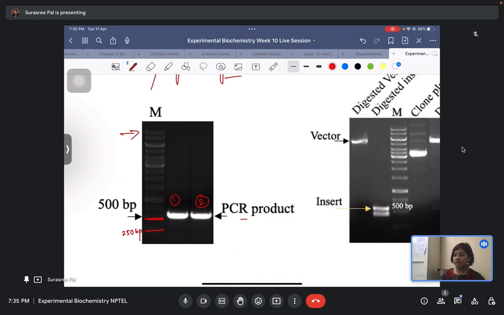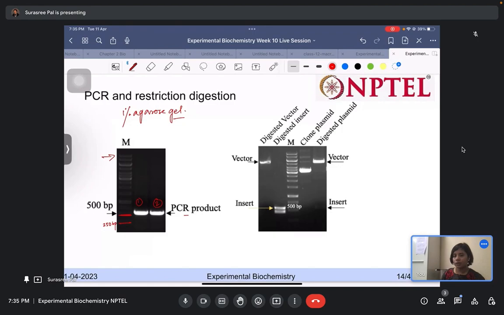So that is the PCR product, and then we can digest our PCR product, right? So we can digest the PCR product, and then we can ligate it with the plasmid, and then we can transform it in the bacteria, and then we isolate the plasmid and we confirm whether the plasmid contains our gene of interest or not.